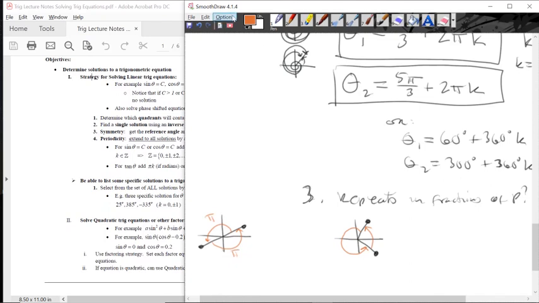In that case, let's say this solution here was our theta 1, and this solution here was our theta 2. Then we would say theta 2 is just equal to theta 1 plus pi. In other words, all the solutions could be expressed as theta 1 plus k times pi.